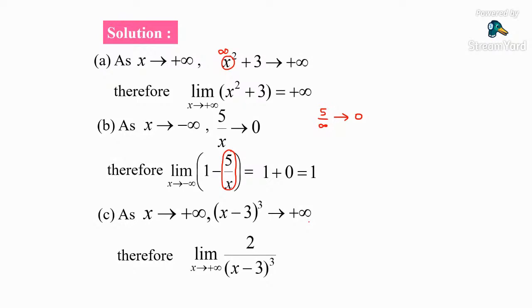And then what do you do next? You're going to take the limit as x approaches positive infinity of 2 over (x − 3) to the power of 3. This one over here, we already say is actually positive infinity. So 2 over infinity is actually equal to 0.